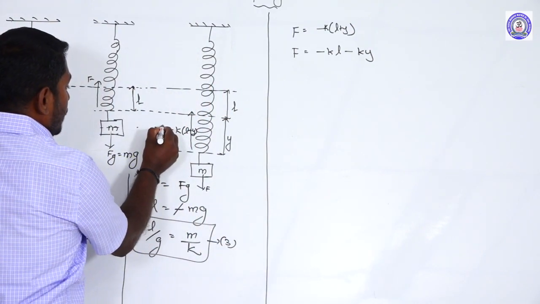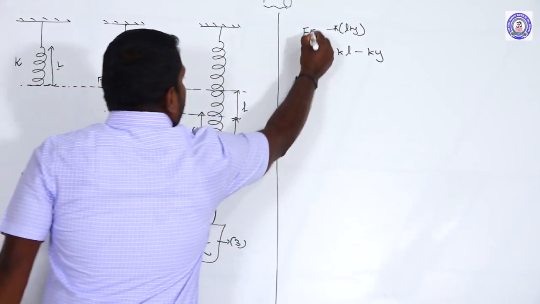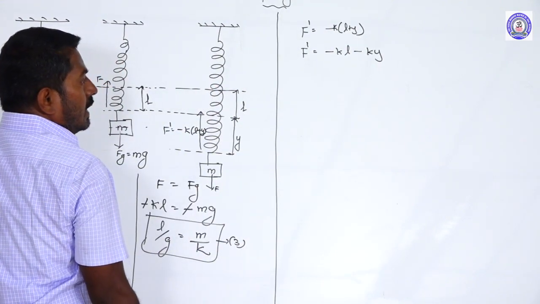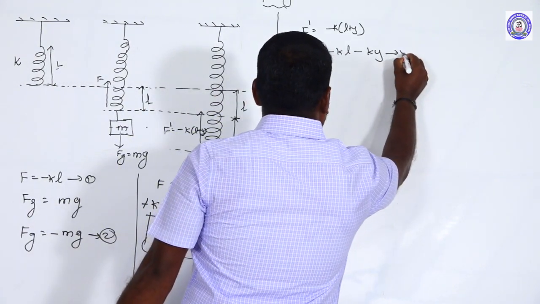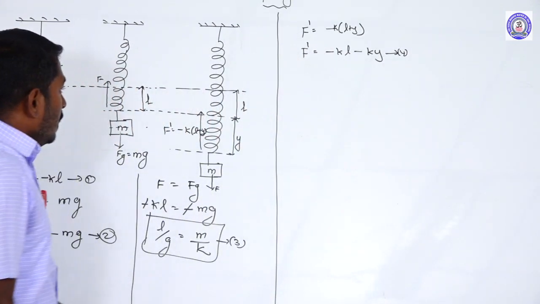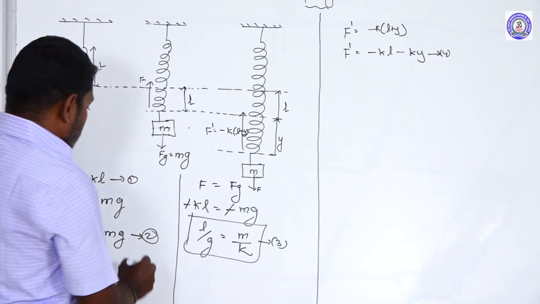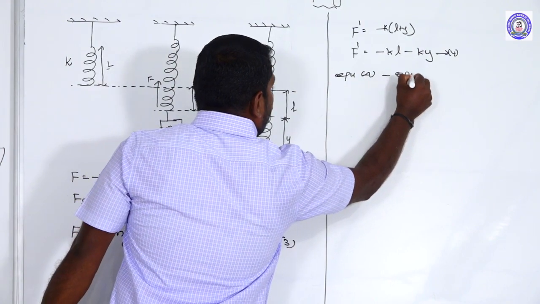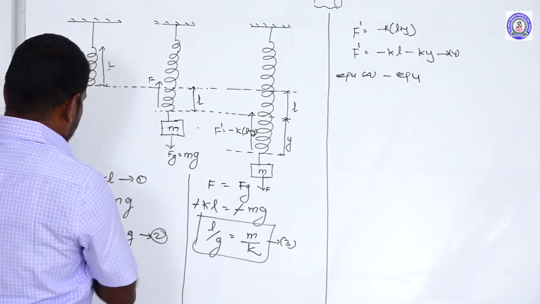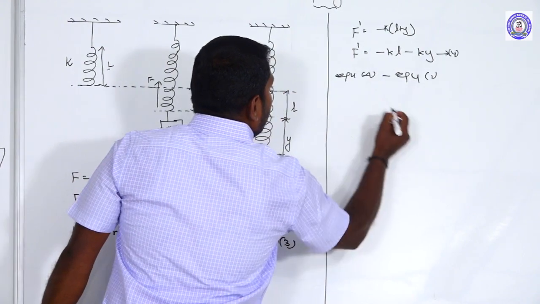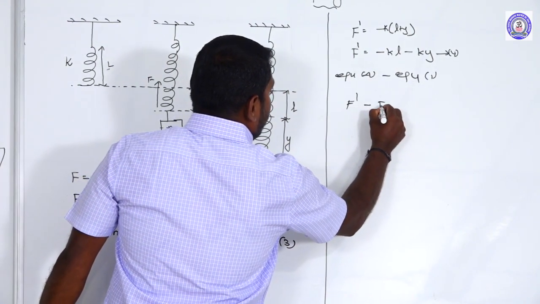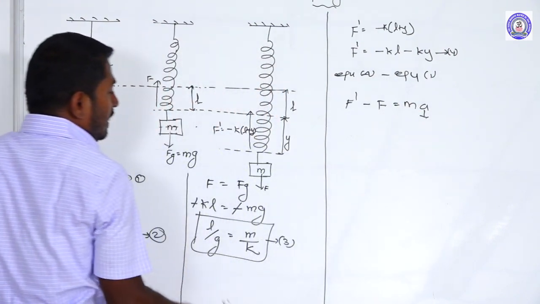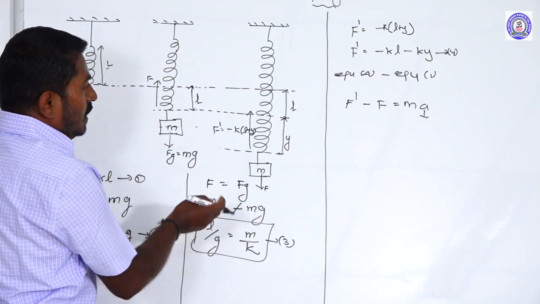Now this restoring force is F prime. F prime equals minus kL minus ky. This is equation number 4. Taking equation 4 minus equation 1, F prime minus F equals ma, which is the acceleration of the spring-block system in the vertical direction.